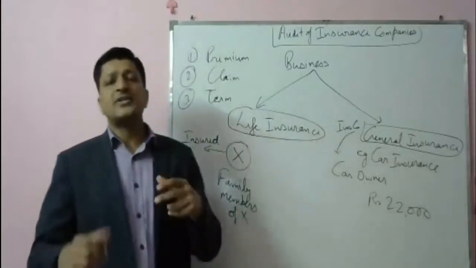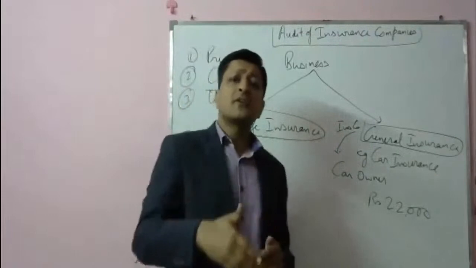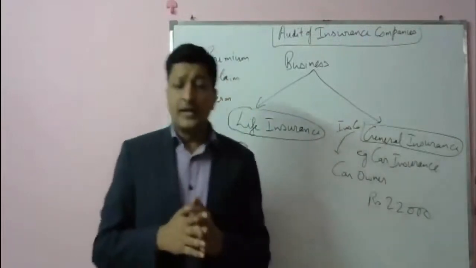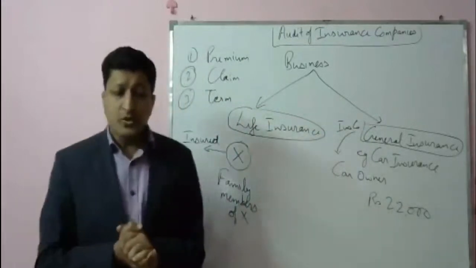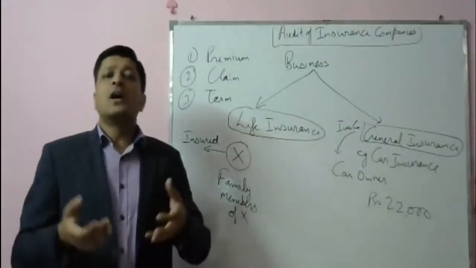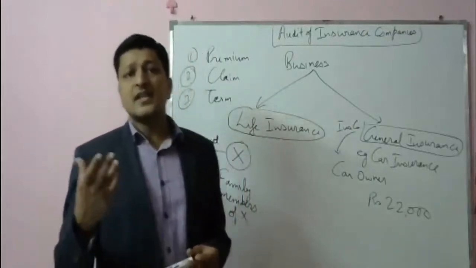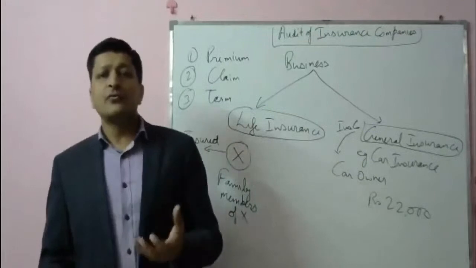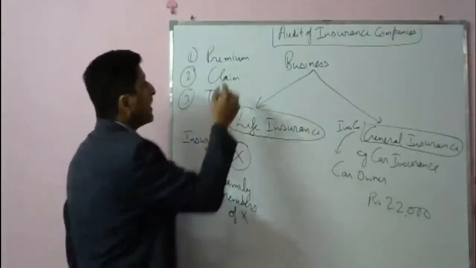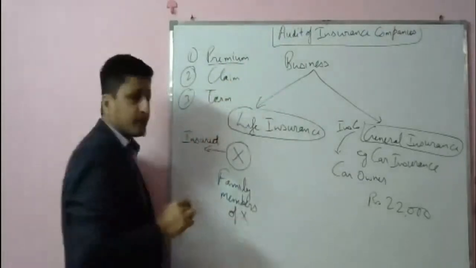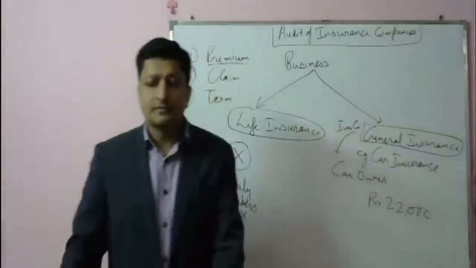They are not here for any charitable purpose. This is not in the nature of a not-for-profit organization. They are commercial organizations which are there to make money. So that's why they also need to earn revenues. So what will be considered as the income, or what is the revenue which the insurance company will earn? That is nothing but the premium amount, which will be paid by the customer to the insurance company.